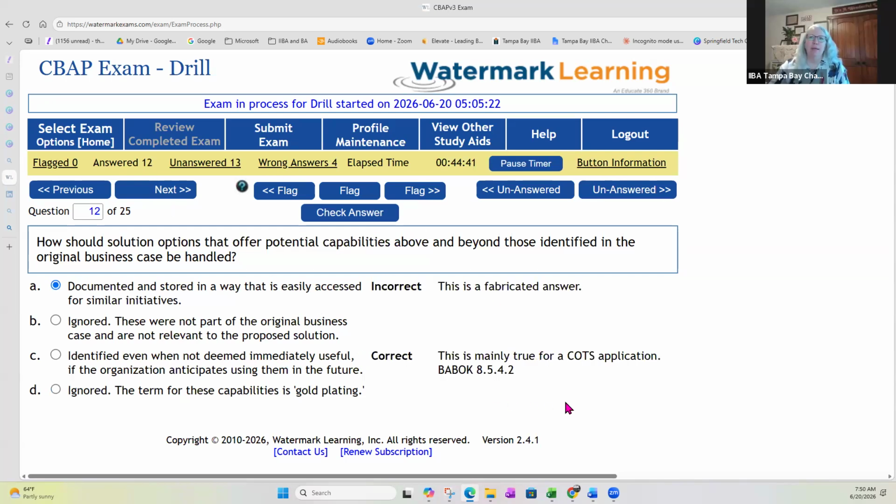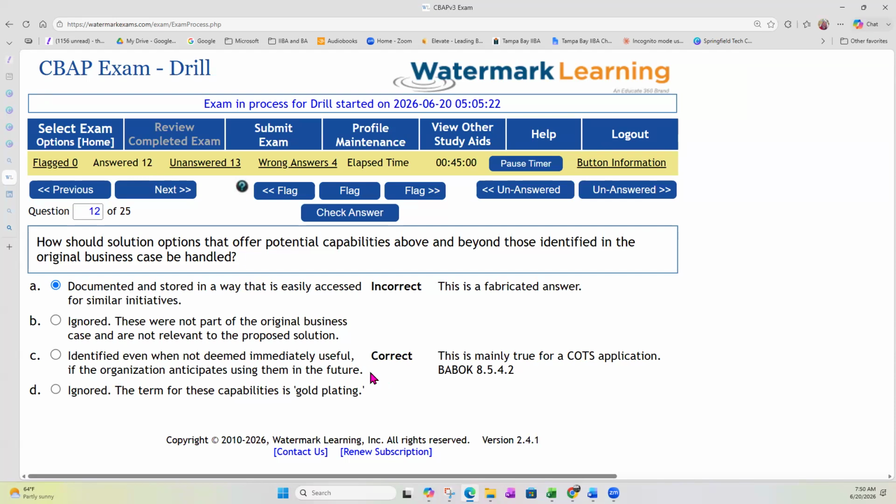Let's go. Okay, so the BABOK says they should be identified even when not deemed immediately useful if the organization anticipates using them in the future. The BABOK talks about this for a COTS, commercial off-the-shelf application. So in the BABOK, what it's really meaning is this.